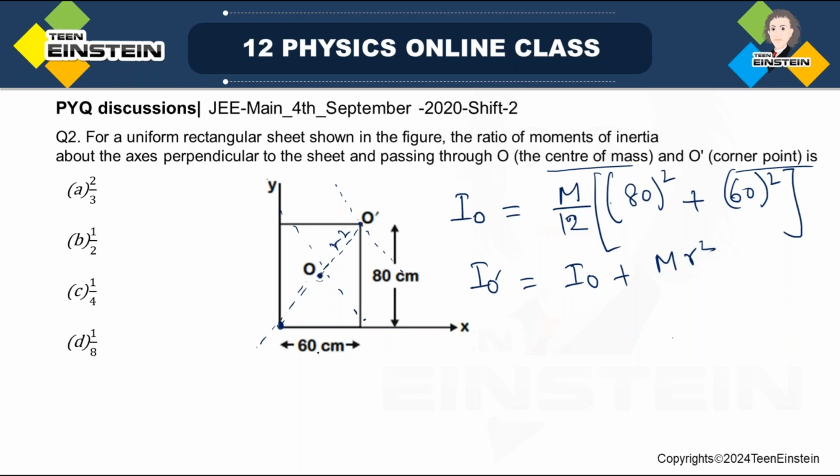So r square is equal to 60 square plus 80 square. So this will be 10 to the power 4.